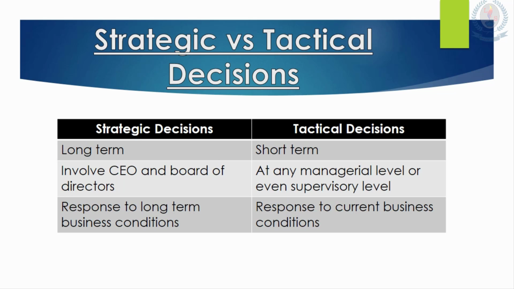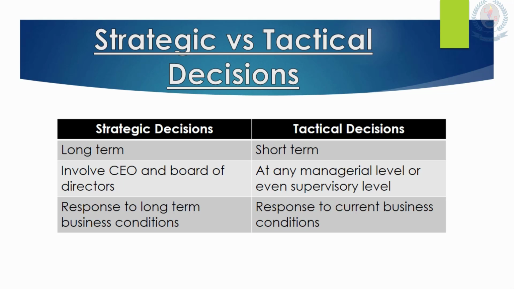Suddenly we can identify some business opportunities and threats. So tactics are useful to make decisions and react to those opportunities and threats. It's based on the short term, but strategies are usually prepared in achieving long-term objectives.